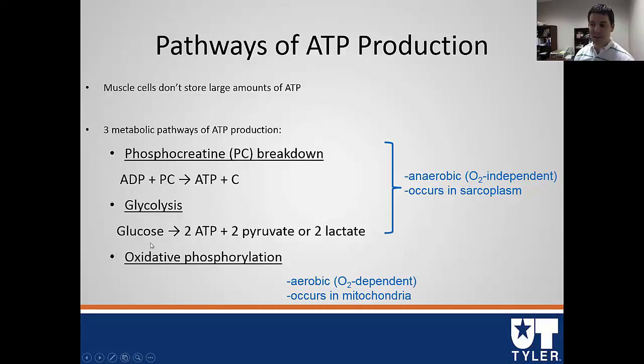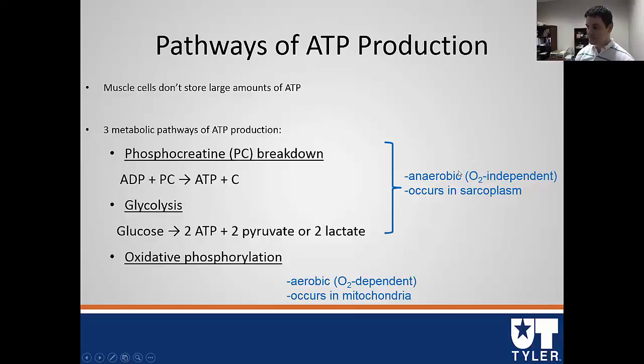Glycolysis is the breakdown of the simple sugar glucose, the monosaccharide, the only one that we can convert, if you'll remember from lecture, and it converts it into ATP and also two products that can further be metabolized into pyruvate or lactate. The last one is oxidative phosphorylation, and that will be the subject of our last module in this unit.